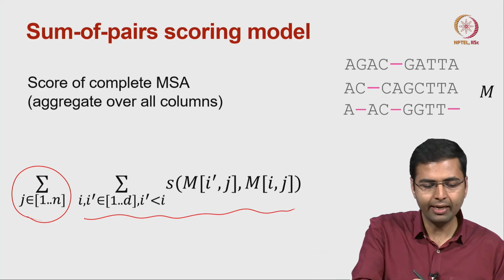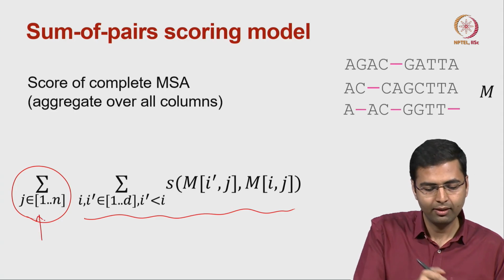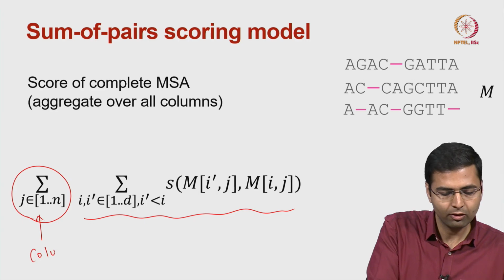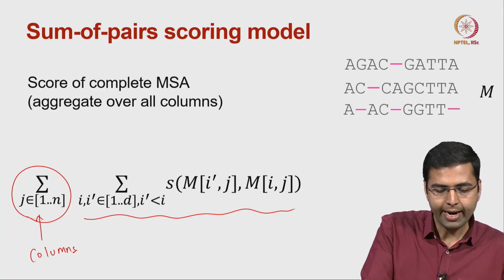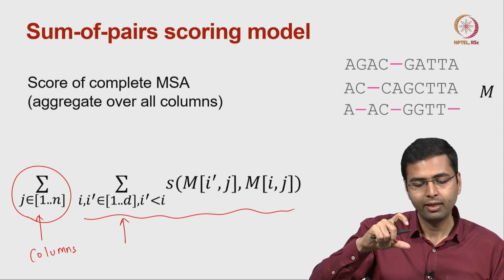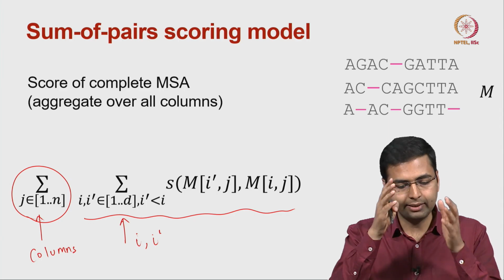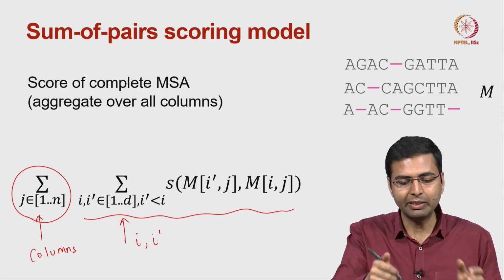You can observe that the outer summation is over j, ranging from 1 to n. So, this is for all columns, and the inner summation is considering all pairs of rows in a particular column. Here we are considering all pairs of rows i and i' that exist in a specific column j.